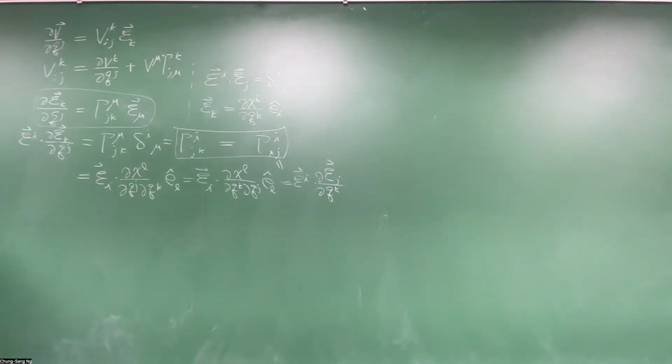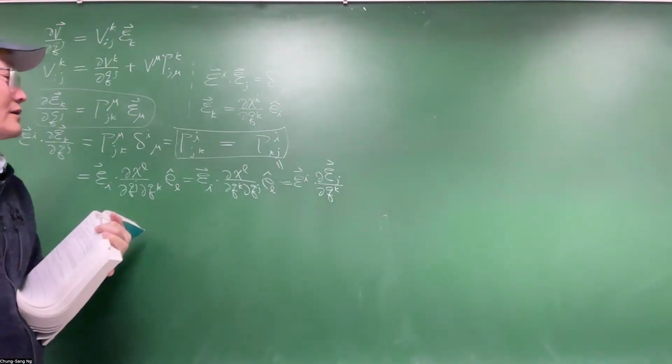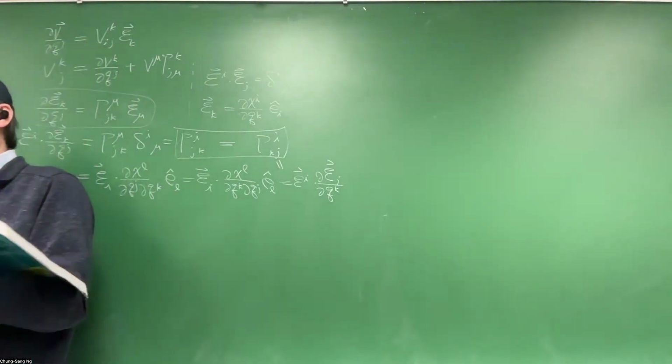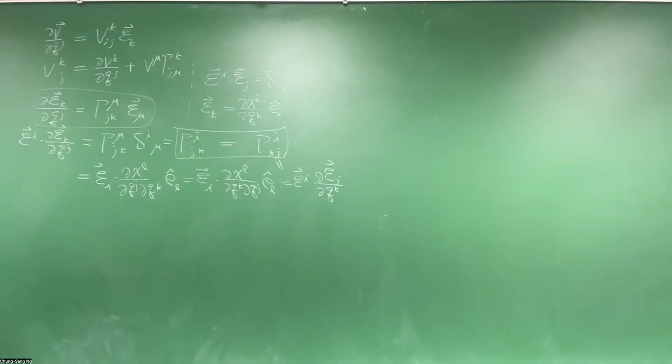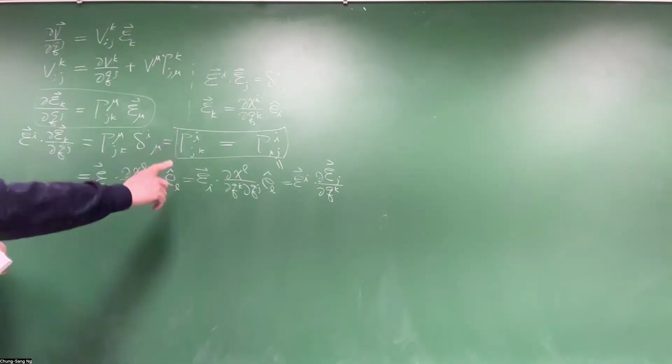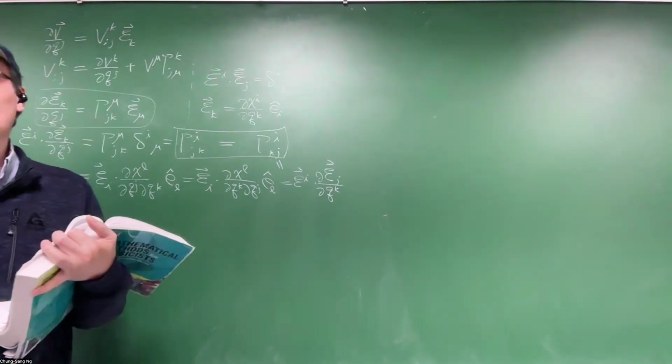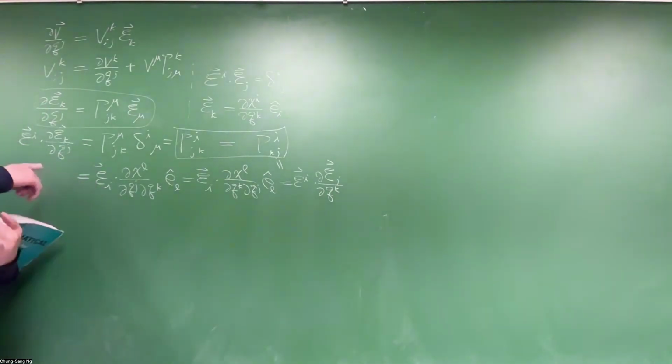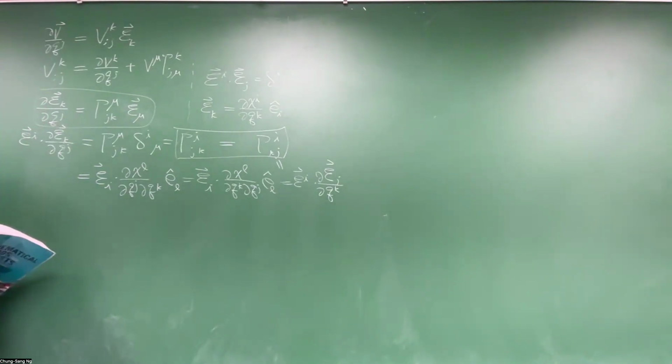Okay, so for the Christoffel symbol the two subscripts are interchangeable, which is very convenient later on when we try to solve for this in terms of the metric tensor. This is how you show that the subscripts are interchangeable.